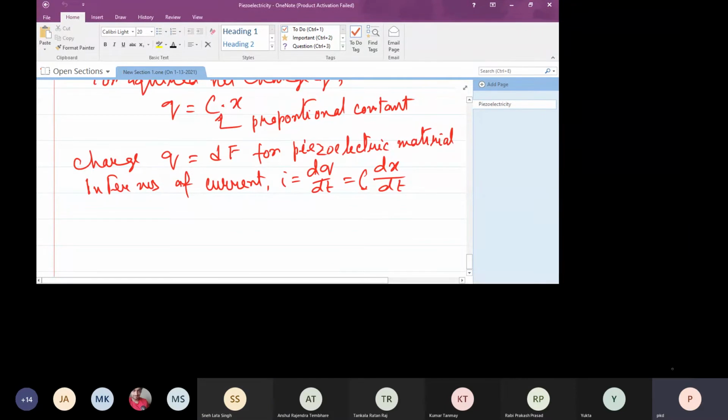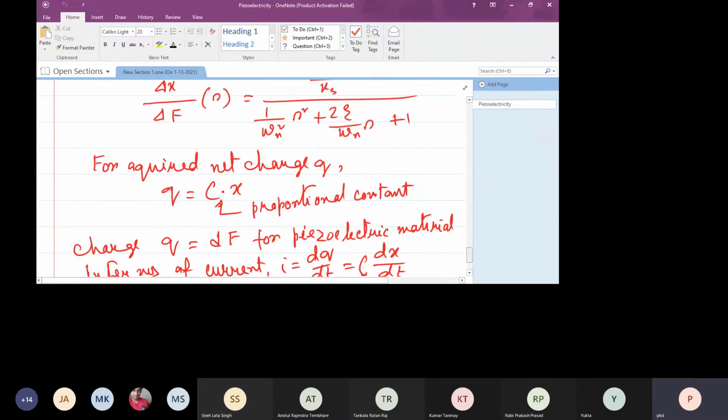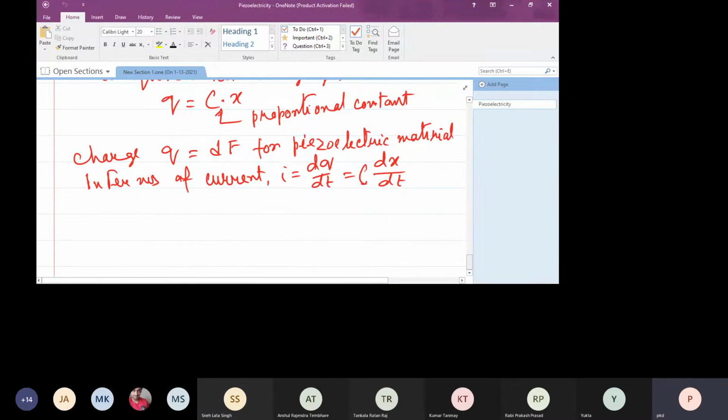So last day we discussed this, and we were deriving the transfer function of the piezoelectric sensor.